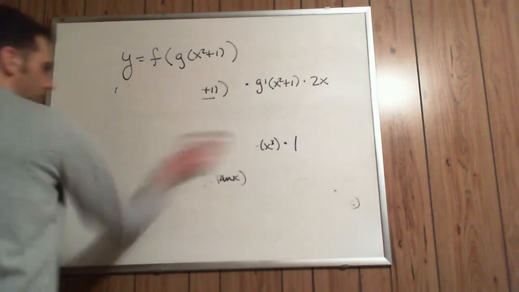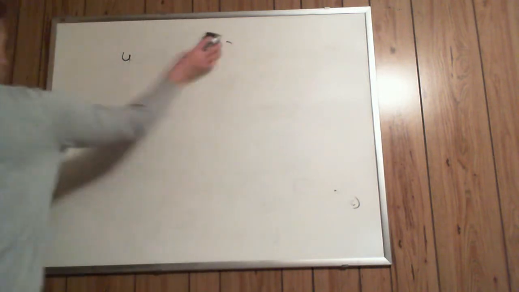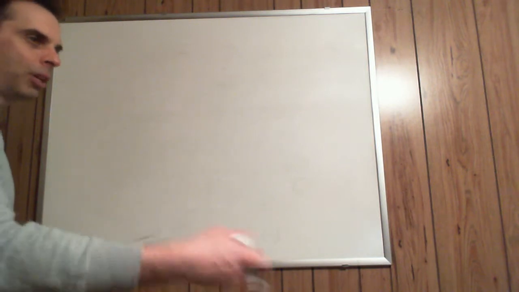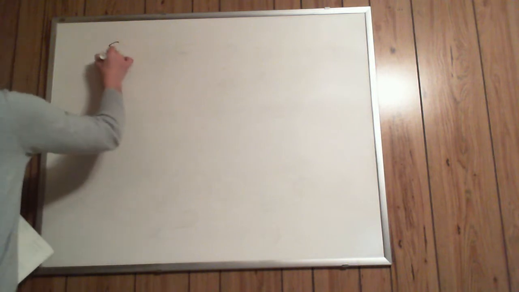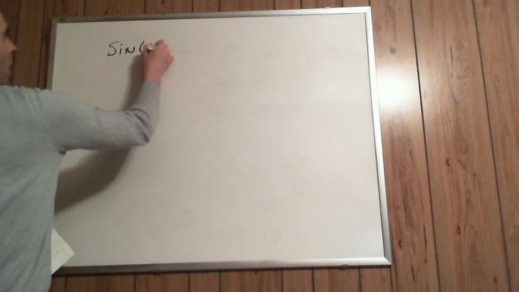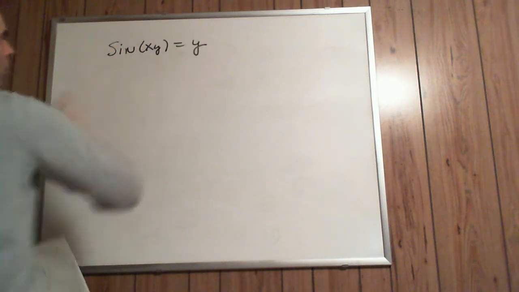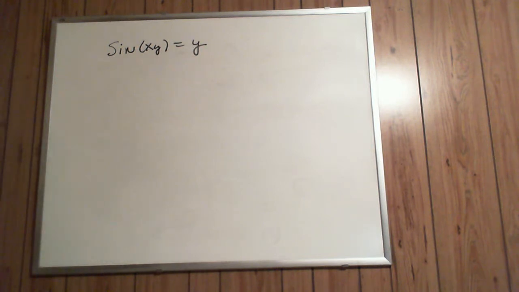Next is implicit differentiation. So every time we differentiate a y, we put dy dx, because we treat y as a differentiable function of x. It's just that they're not solved for y. So if I were to do the sine of xy equals y, what would that derivative be?